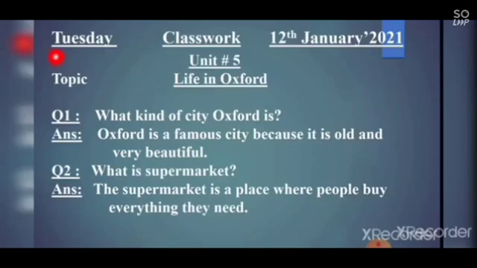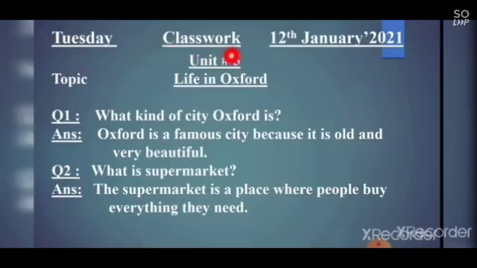At the top left corner of your page, write Tuesday, and the first letter should be capital: T capital, then U, E, S, T, A, Y, Tuesday. Then give some space.